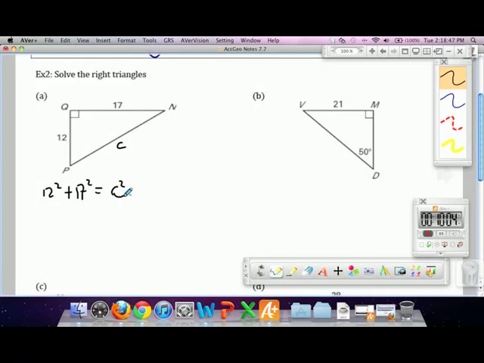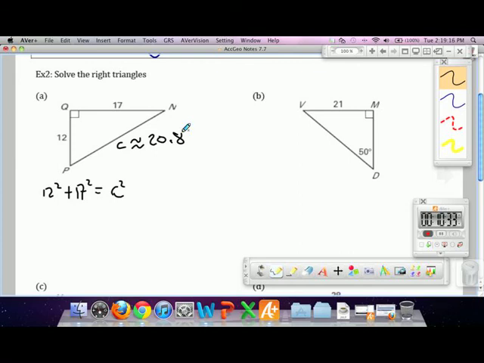C has got to be the square root of 433, about 20.8. C is approximately 20.8. Once we know the three side lengths, now we got to find angle measures.